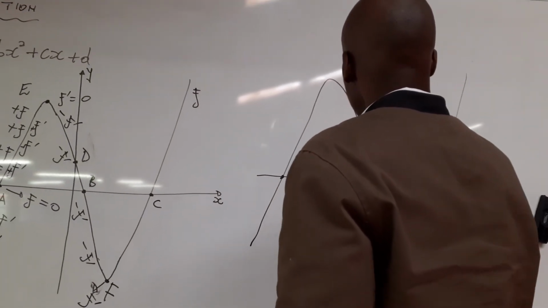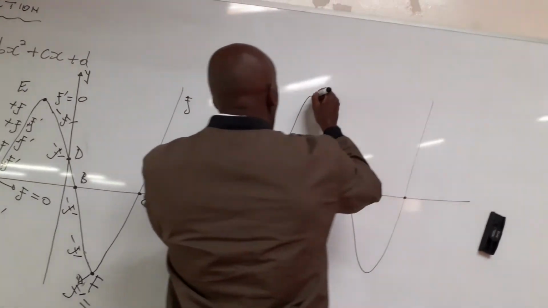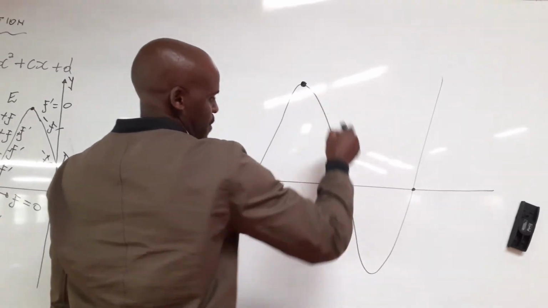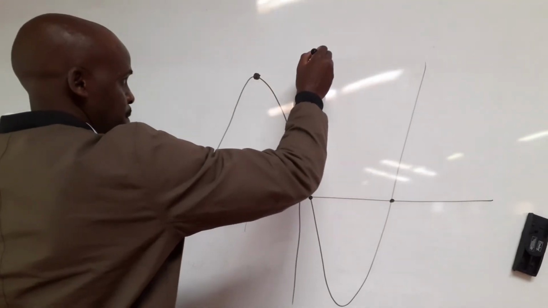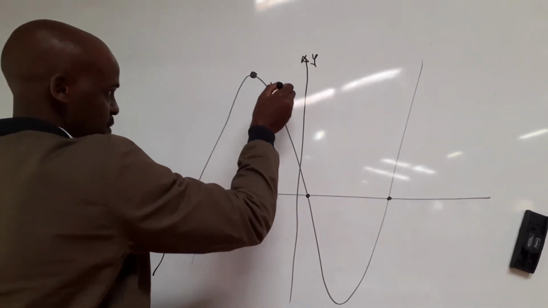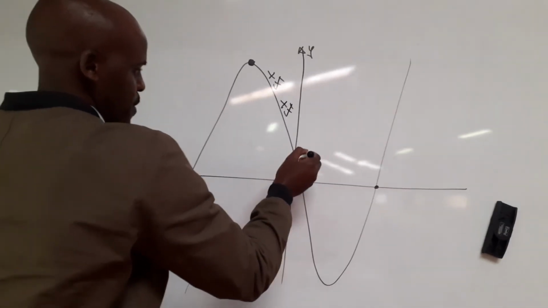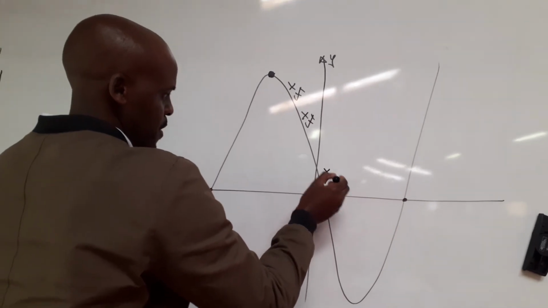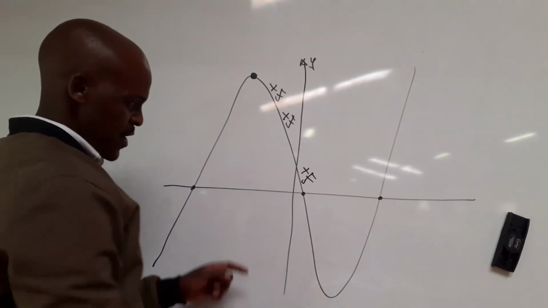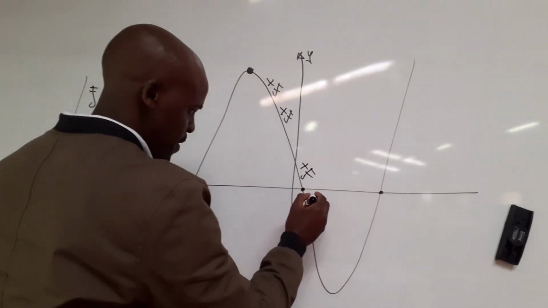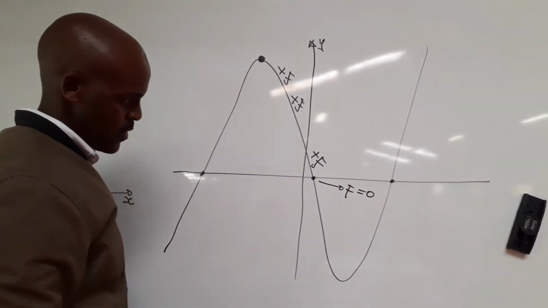Let's try to have another diagram so that we make this clear. Here we are above the x-axis, so our y is positive. Our y is represented by f, right? And then at that point, our y is equal to 0.